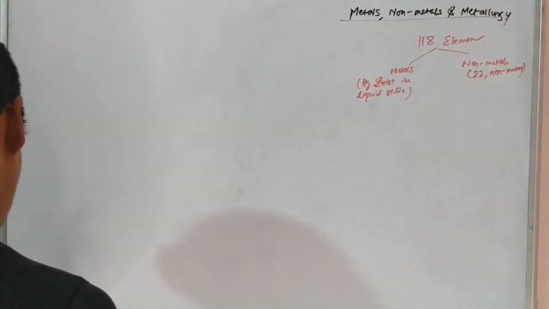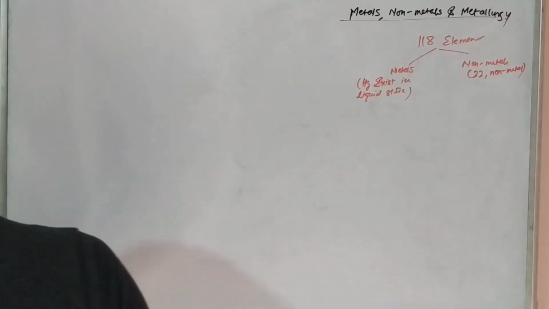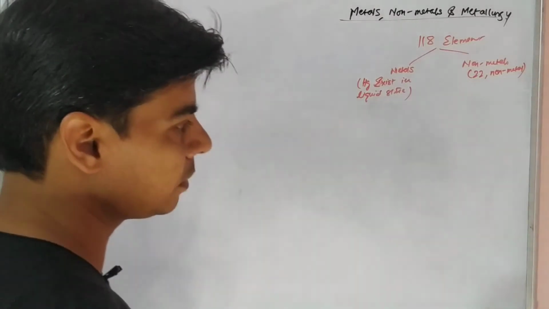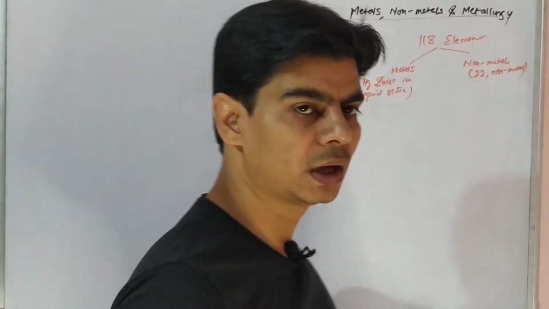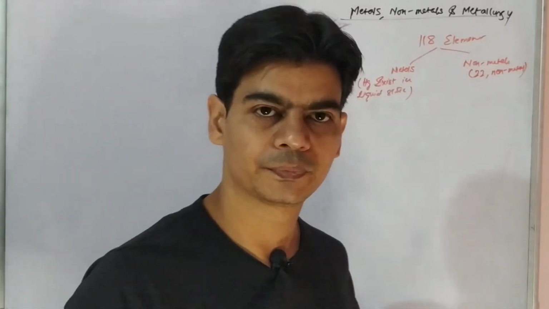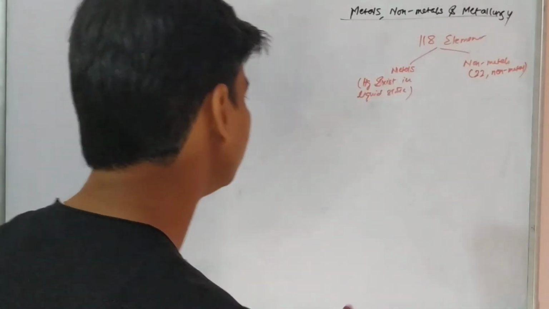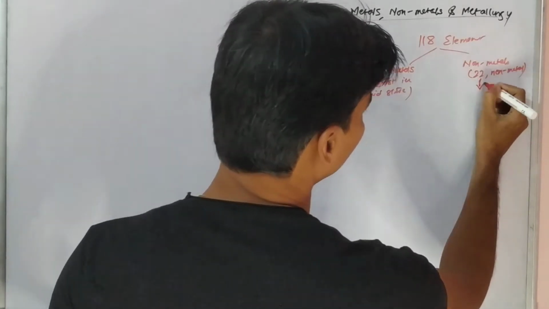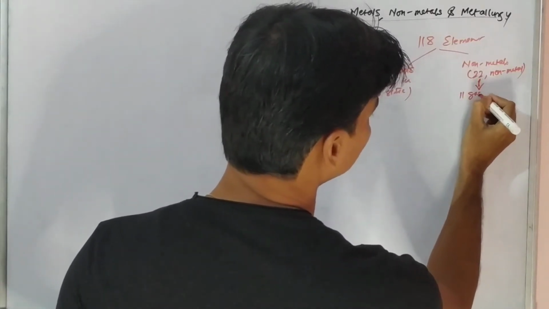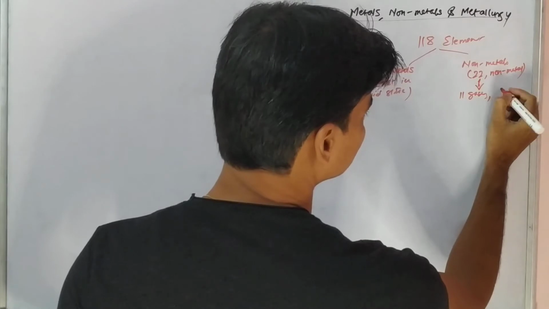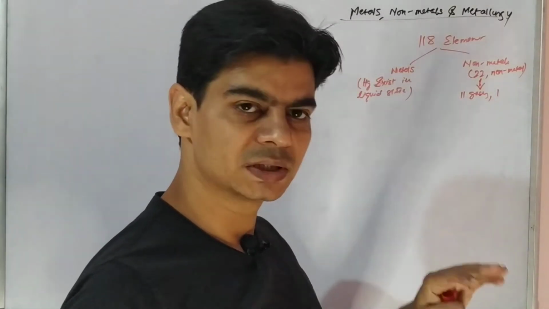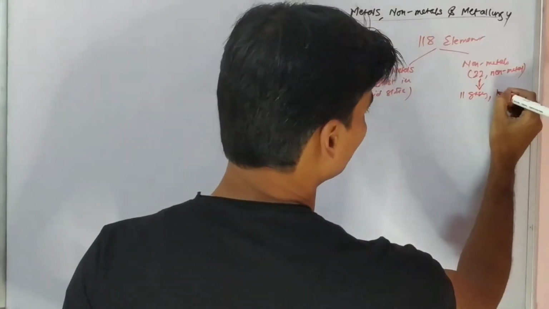Now if we talk about non-metals, out of these 22, 11 are gases, and the rest are solids. Only one is liquid, which is bromine. So 11 non-metals are gases, and there's only one non-metal which is liquid at room temperature, which is bromine.